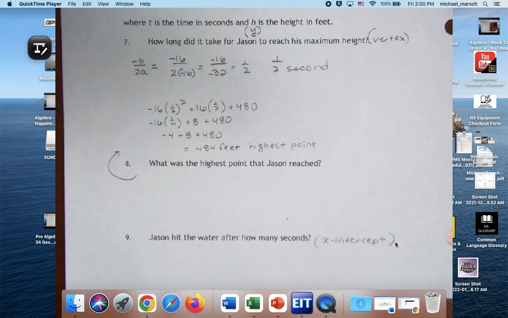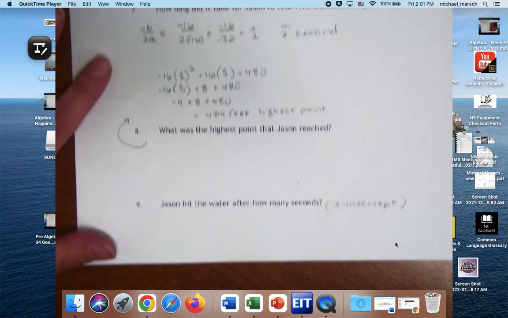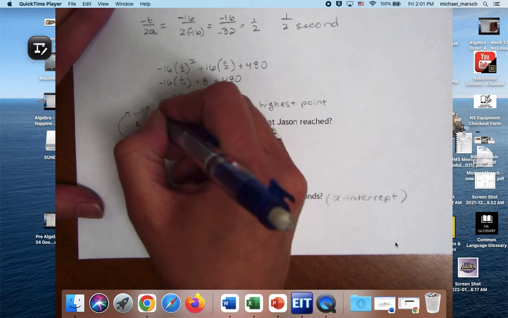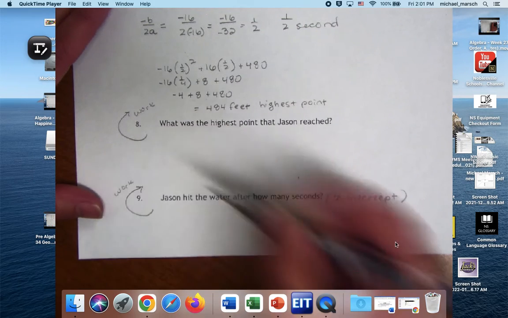So now we got to figure out how long it takes him to actually fall down, like actually get to the water. Oh my god. Sounds terrifying, right? Okay, so we're going to do the work.